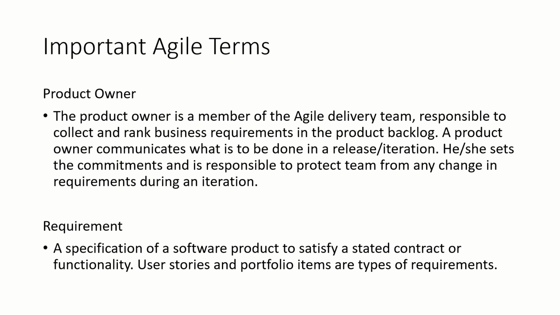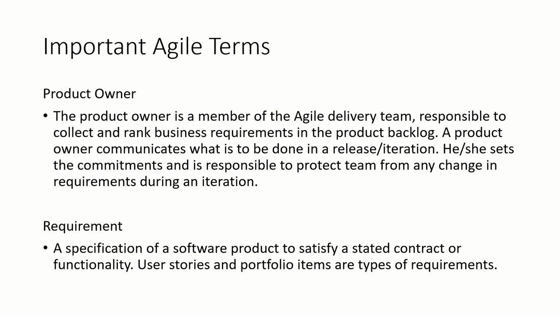The product owner is a member of the Agile delivery team, responsible for collecting and ranking business requirements in the product backlog. What is backlog? I will explain in the next terms. A product owner communicates what is to be done in a release iteration.